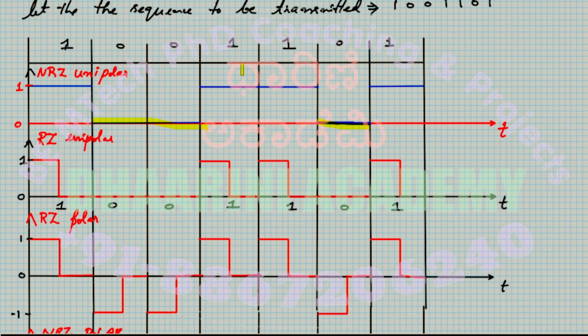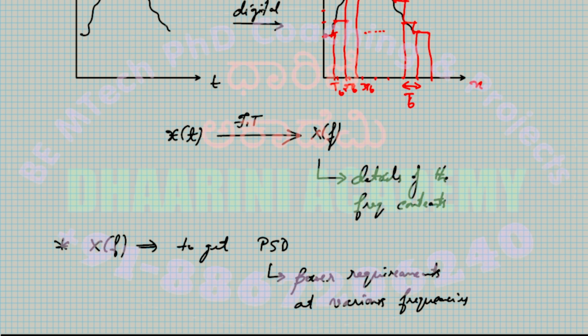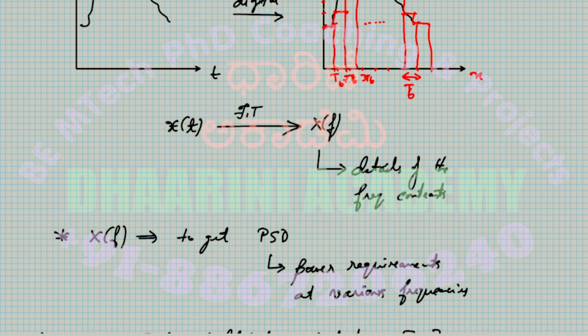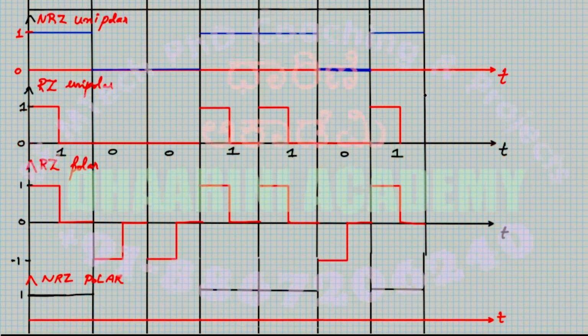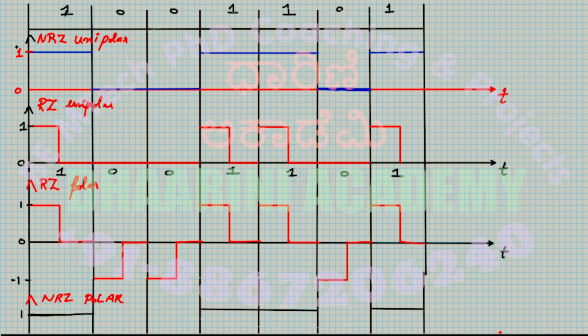But wherever we have 1, the ones are sent according to the amplitude. So 1 means it is 1. In the sense, you can even change this amplitude to plus A and 0. So just see what exactly has been followed in your syllabus, in your institute, so that you can follow the same thing.